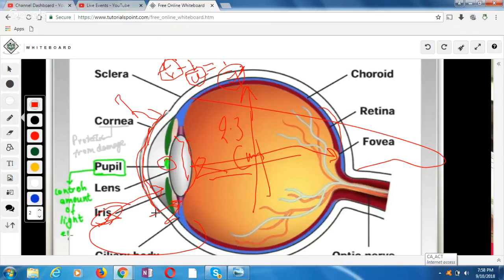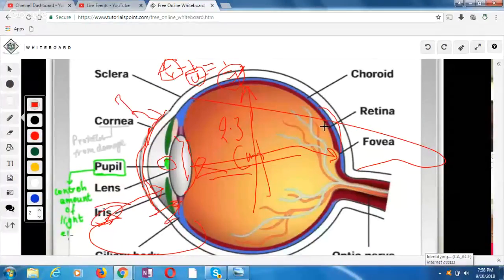Now try to understand what happens after this. Once the ciliary body has adjusted the focal length f, the image is formed at the retina.